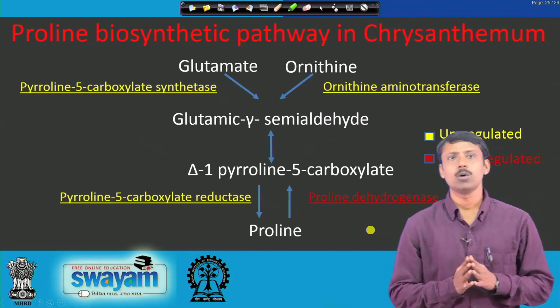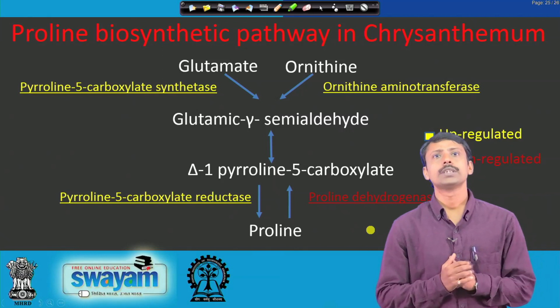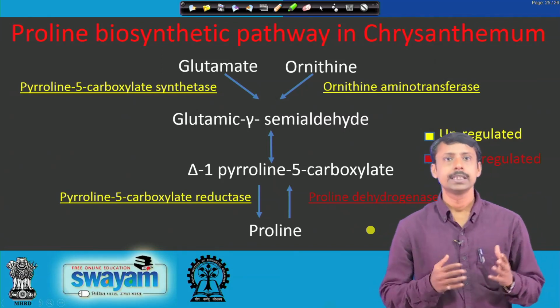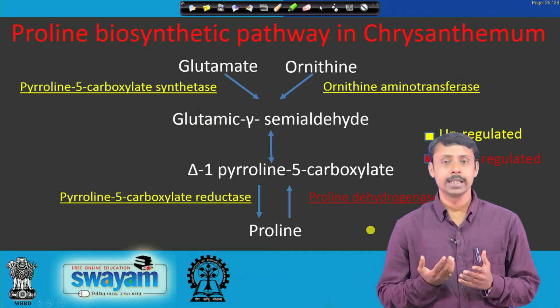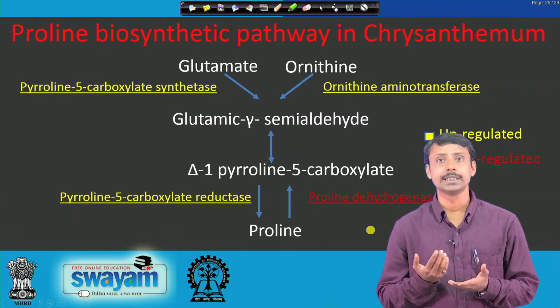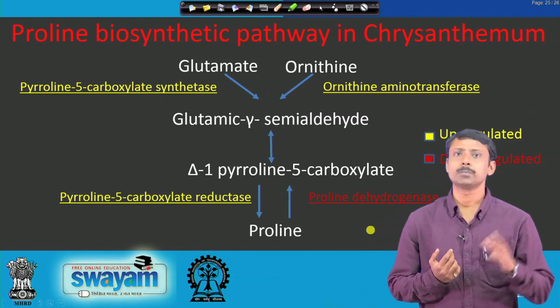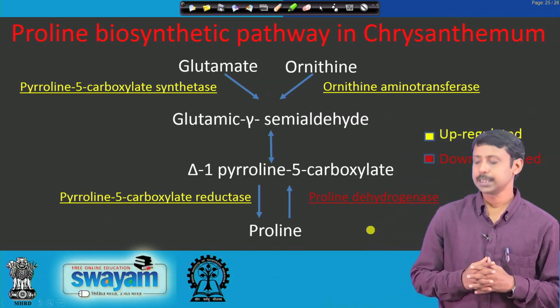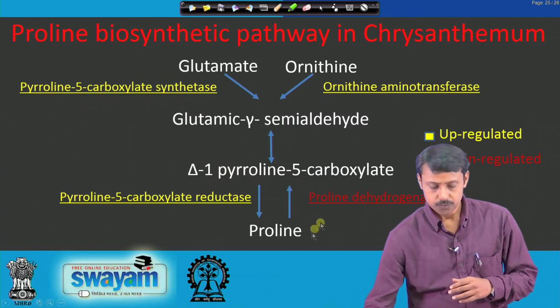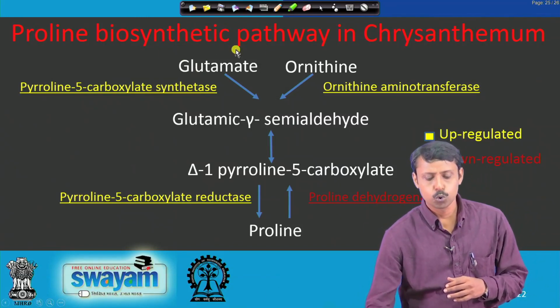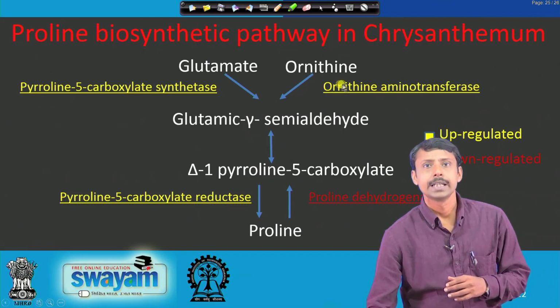So, let us discuss the biosynthetic pathway of the amino acid proline, whose expression is increased upon exposure to any type of stress, and here we are discussing its biosynthetic pathway in chrysanthemum. It is produced from two different sources, either from glutamate or ornithine.